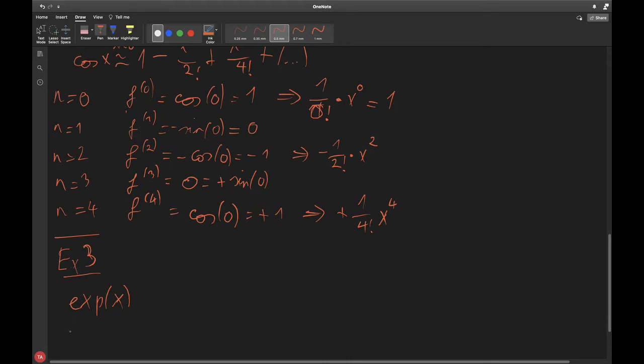So when we evaluate, n equals anything, it is the exponential, and when we evaluate that at 0, that just gives us 1. So all of these terms are going to be plus 1s. So this is going to be 1 plus x over 1 factorial plus x squared over 2 factorial plus x cubed over 3 factorial, and so on.